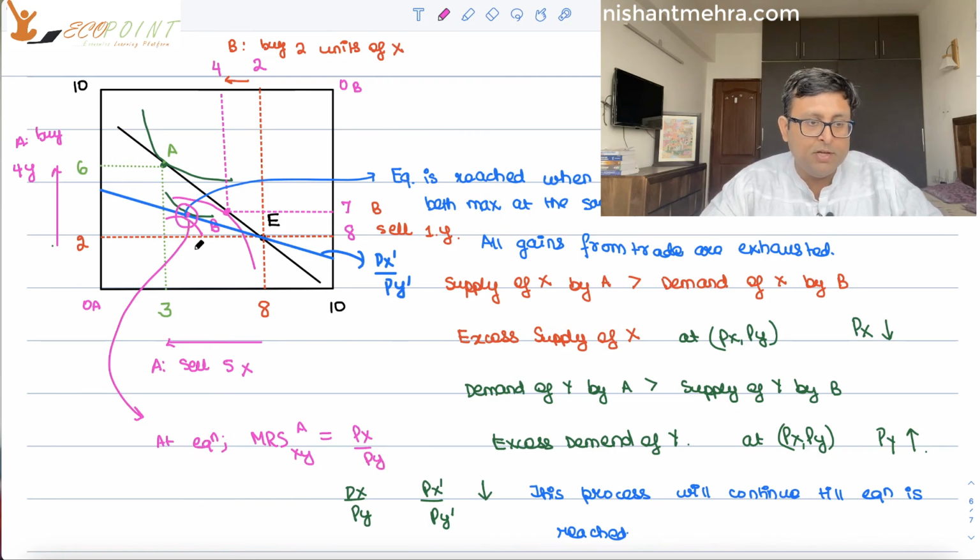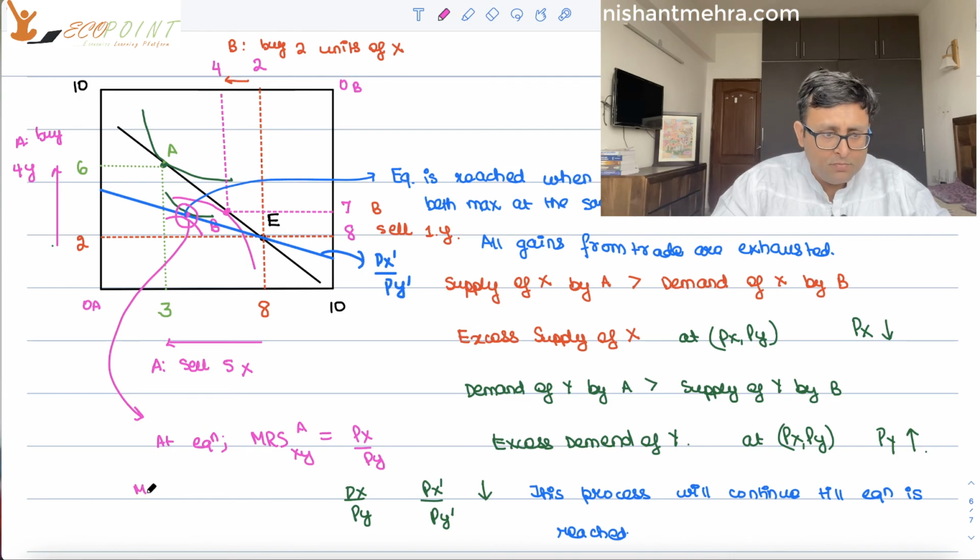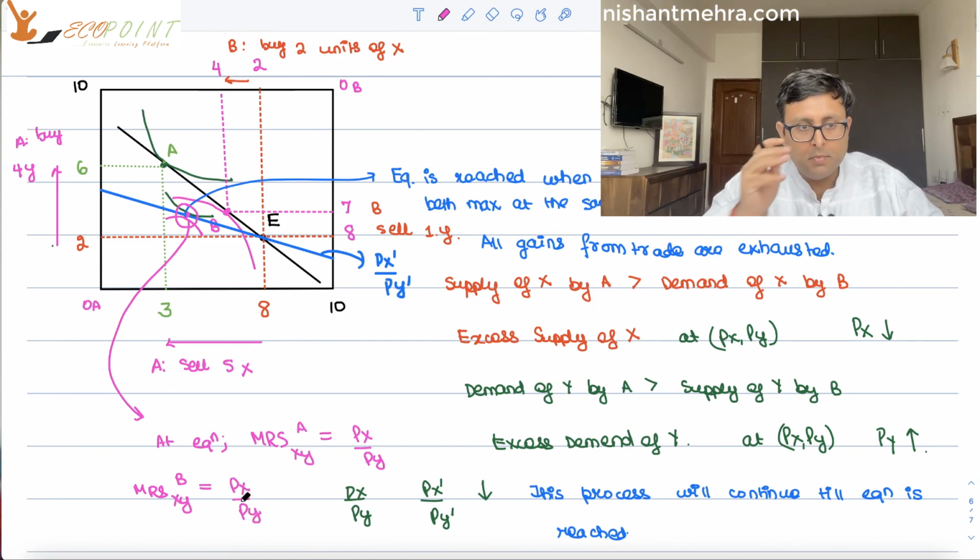That's what it is. Given the budget, I'm maximizing my utility. Similarly, at this point, MRS XY for B is also equal to Px by Py.